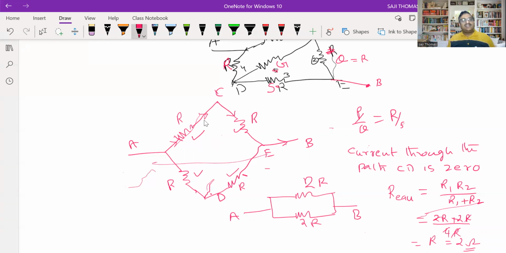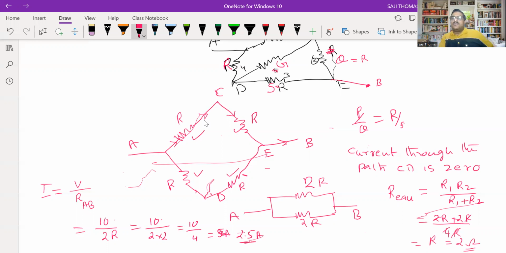So you can find the current: current is equal to potential difference divided by total resistance of that path. V was 10 volt. Resistance between A and B is 2R. So 10 divided by 2R, and R is 2 ohm, so 10 divided by 4, which is 2.5 ampere.